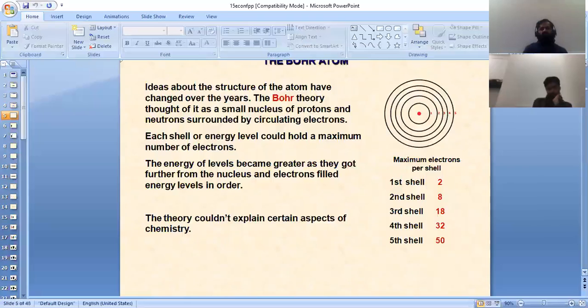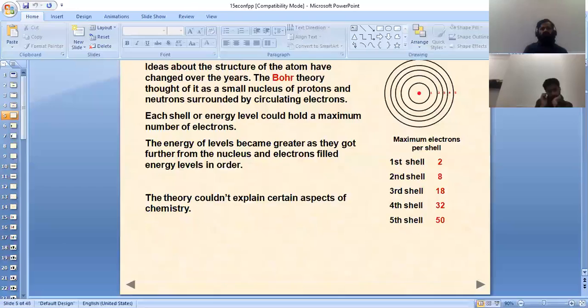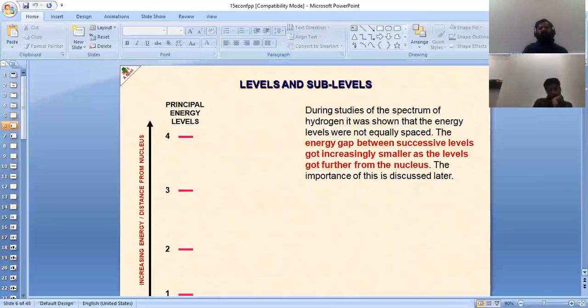Then there were some other aspects. If you talk about the levels and sublevels, as energy levels increase, for example levels 1, 2, 3, 4, when they studied the spectrum of the hydrogen atom, it was astonishing for them that energy levels were not equally spaced.